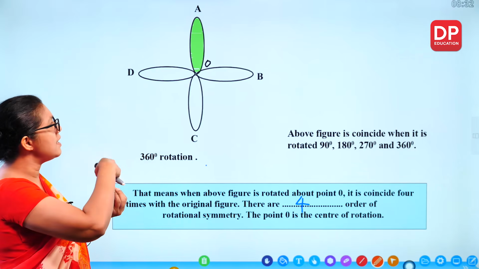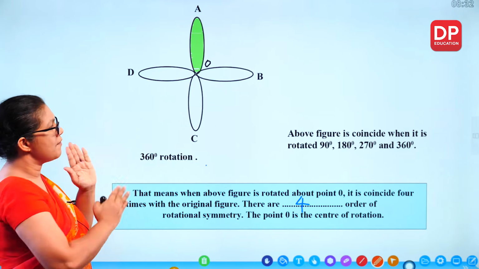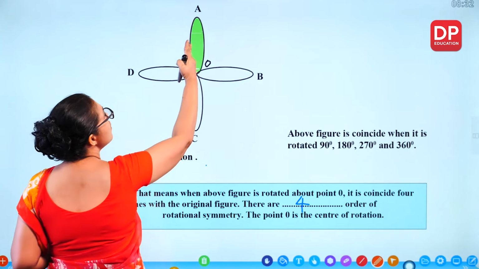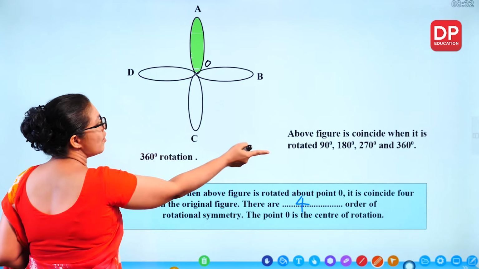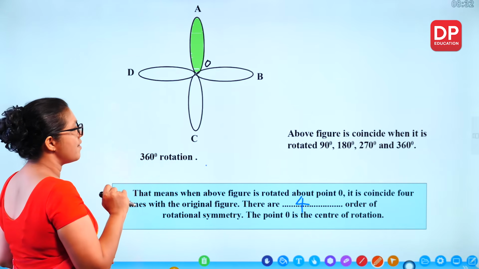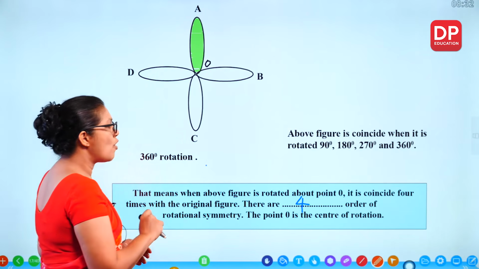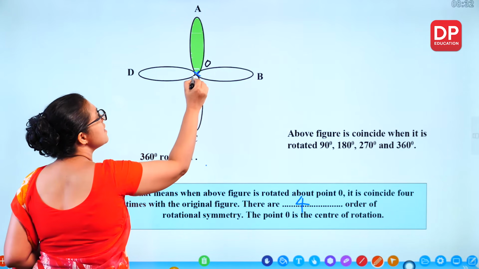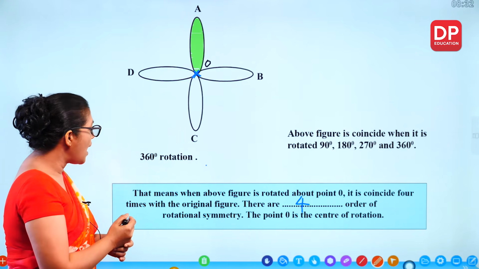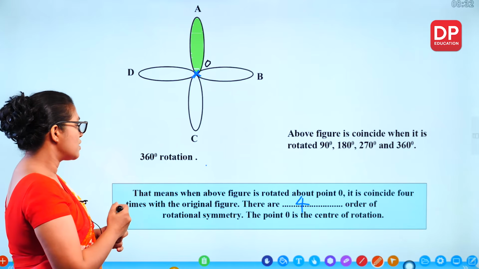This time we did clockwise, starting from 0, the original position, then 90 degrees, you got the same shape, 180, 270 and 360. So when the above figure is rotated about point O, it coincides 4 times with the original figure. So there are 4 orders of rotational symmetry.